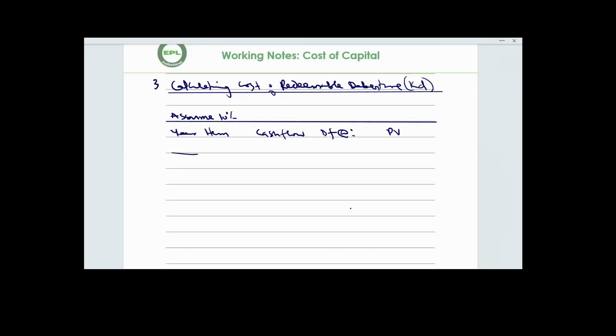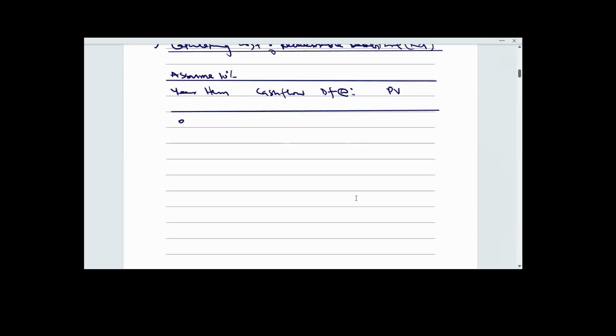All right. So starting from year zero, we have current market value of the debenture. Then debenture interest will be paid for the next 2 years. So year 1 to 2, fixed interest. Then in the final year, which is year 2, this debenture will be redeemed.